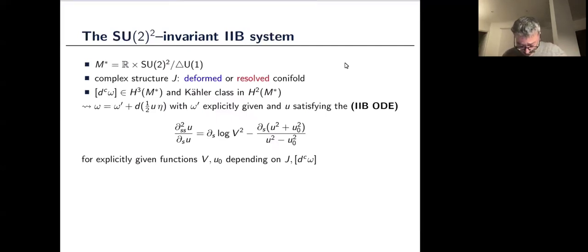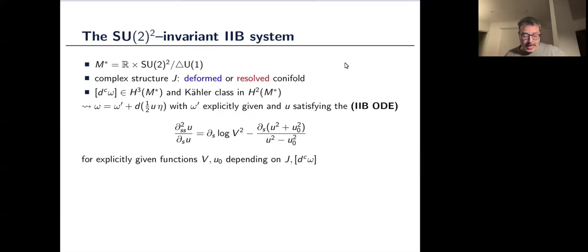This means that there's an open dense set M star on my manifold that is foliated by hypersurfaces, which are homogeneous spaces for my group SU2 times SU2. So there's this open set that's diffeomorphic to R times a homogeneous space for SU2 times SU2. I'm going to assume that the homogeneous space is SU2 times SU2 divided by the diagonally embedded U1.